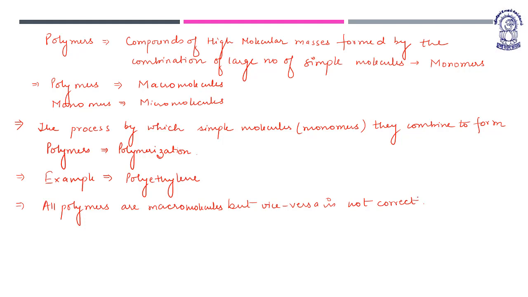It means that all macromolecules are not polymers. Like chlorophyll is a macromolecule, but it is not a polymer. Understood?